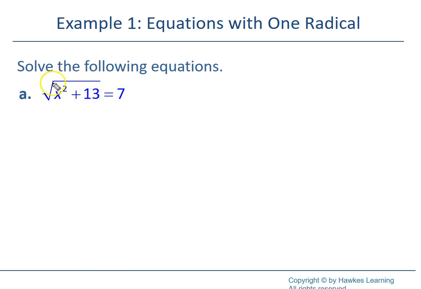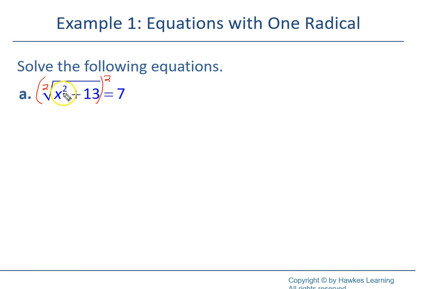So, what do I do to get rid of a radical sign? And the key is, whatever number is in the index position, you're going to raise that radical to this index number exponent.